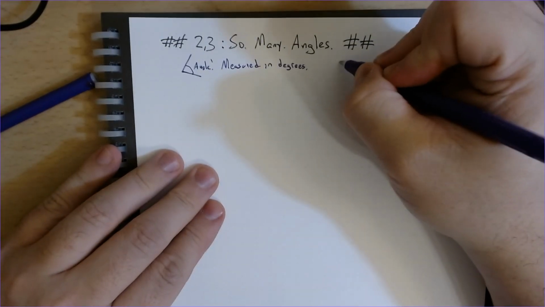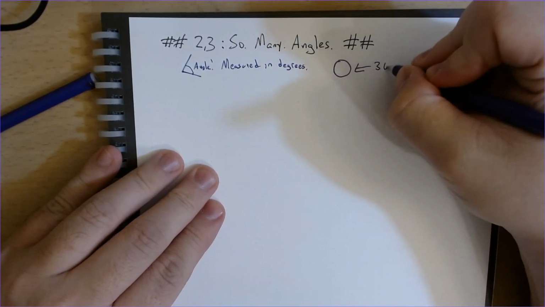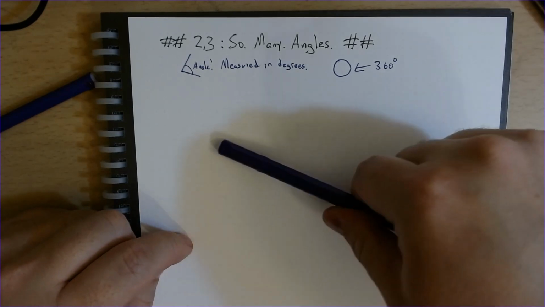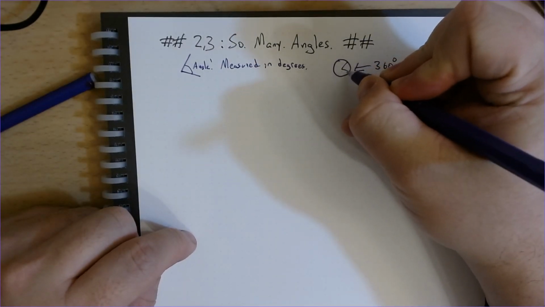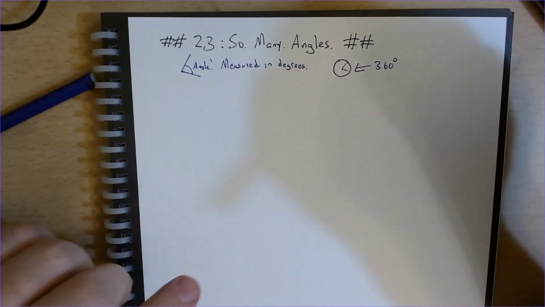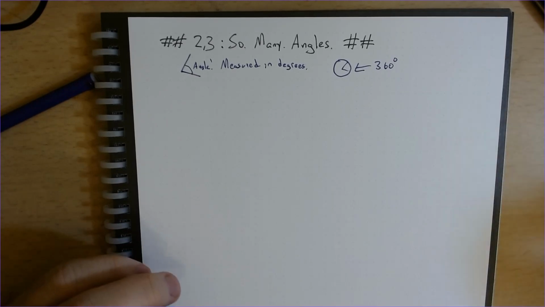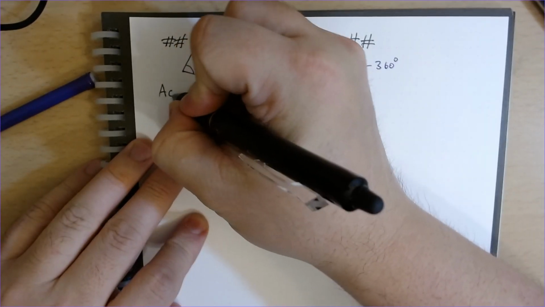And hopefully you know a full circle is 360 degrees. So everything's kind of measured off that. Full rotation is 360, so just part way through, that's obviously less than 360 degrees. So there's three types of angles, and these are things that you should hopefully have heard of already.